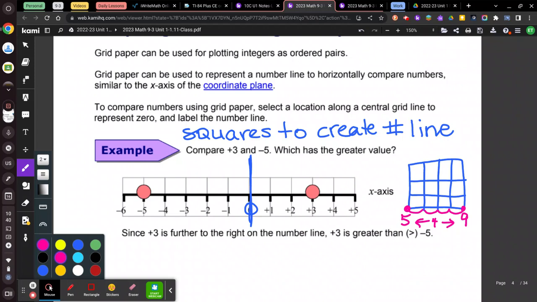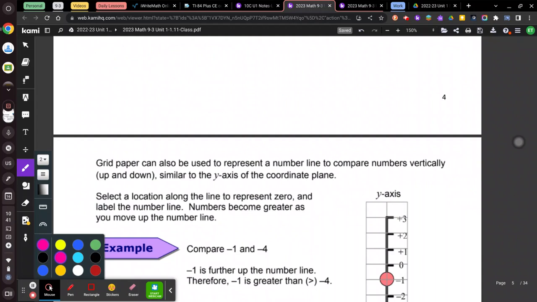Anything further on the right is bigger. Anything on the right of 0 gets bigger as you go to the right, and as you go to the left, it gets smaller. The difficulty becomes when we're comparing negative numbers. That's what gets difficult.